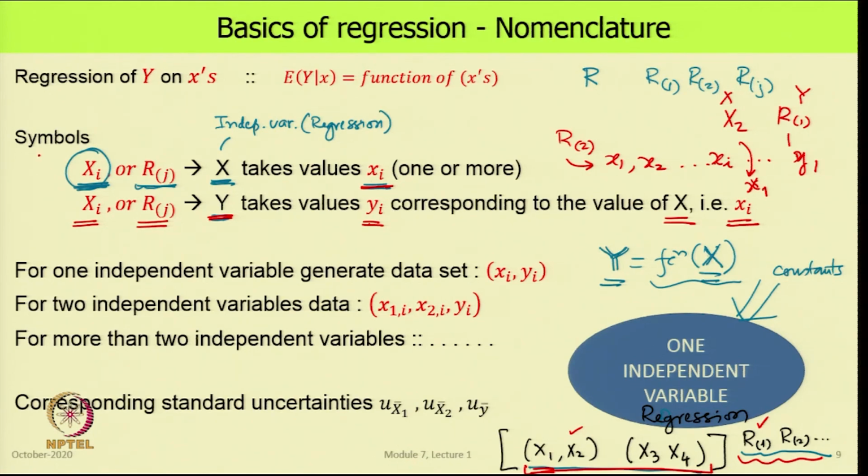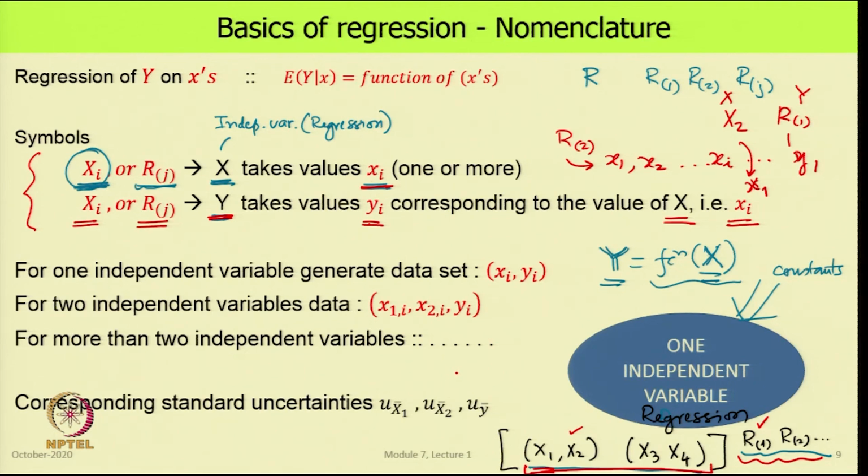So, this is an important distinction we are making of what we mean by independent variable in regression, what we mean by the parameters and the result as being a set from which we pick out an independent variable and a dependent variable. If there is only one independent variable, we generate a data set x I, y I, depending on how many readings we have taken.